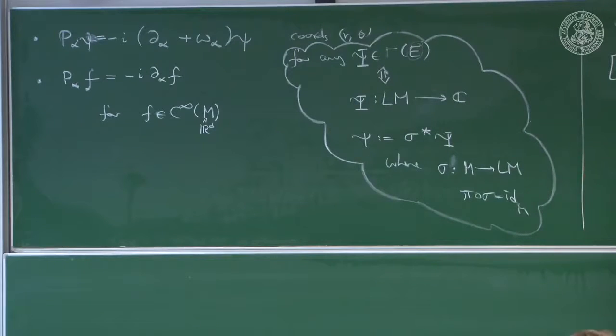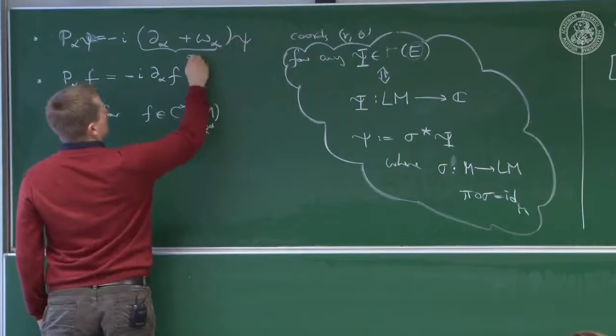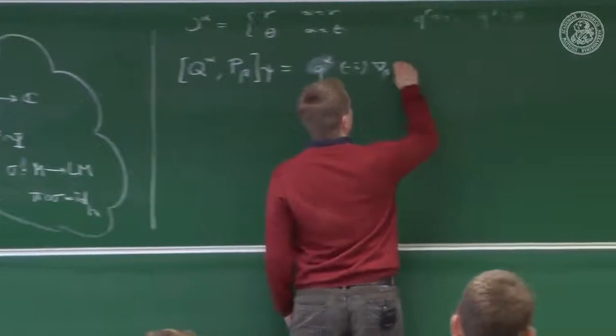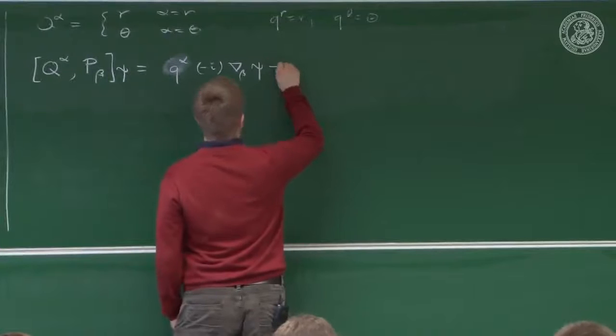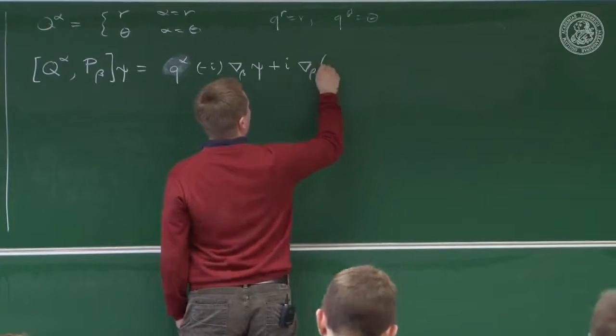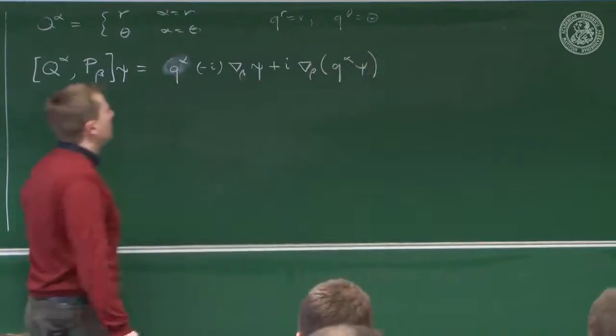Q alpha then is a minus i. Now comes the covariant derivative, right? So let me write it as nabla beta. That's what we used before. Nabla beta acting on psi, minus i, is plus i nabla beta acting on Q alpha psi.